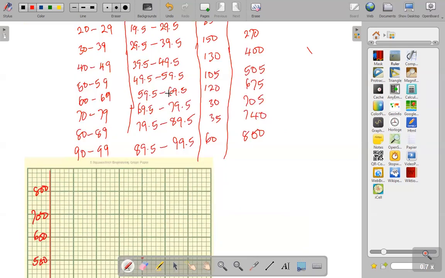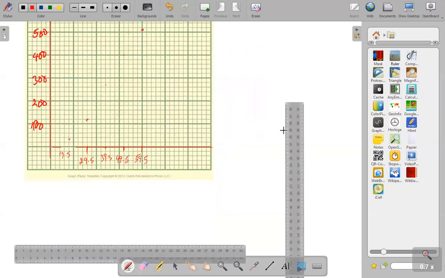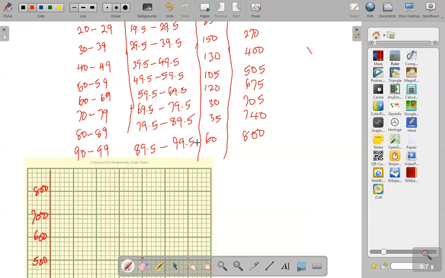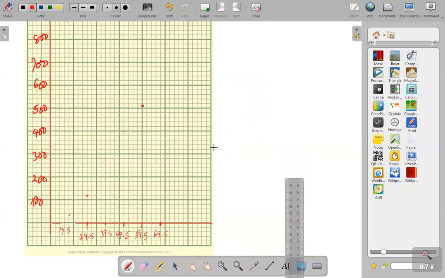We have the next one, 69.5. We count 4 boxes again: 1, 2, 3, 4. Right here. 69.5. What was the cumulative? 675, rather.